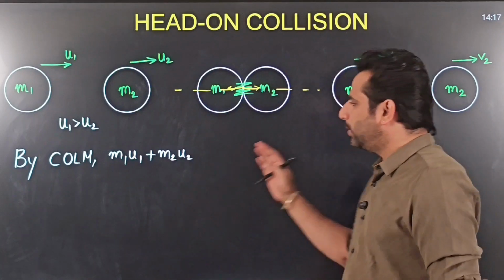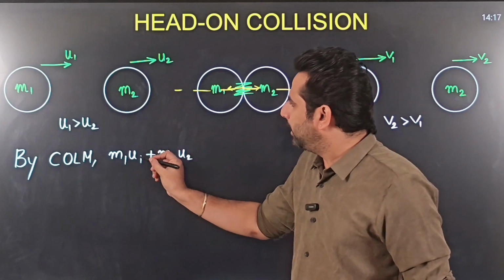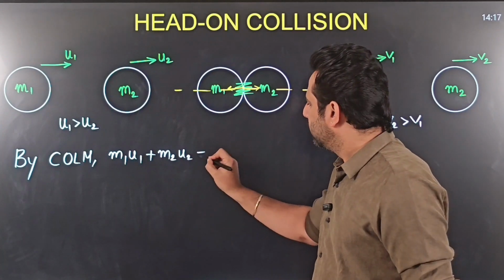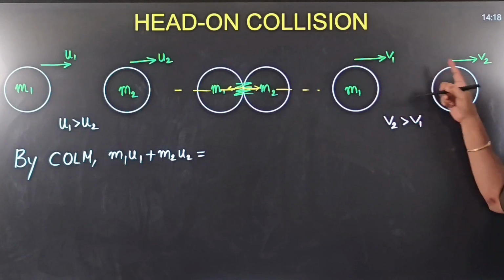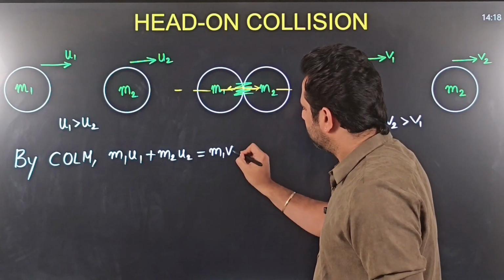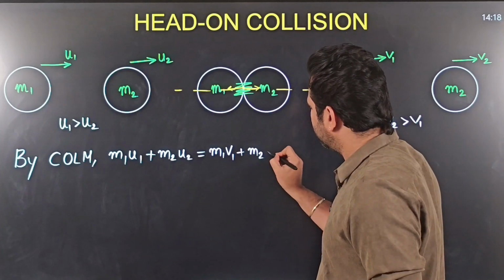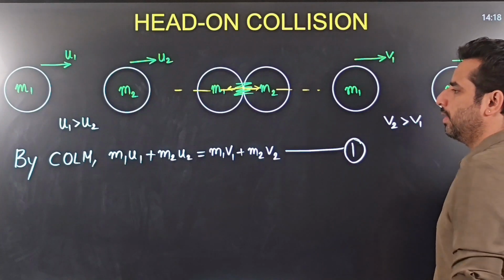We can simply take rightward as positive, leftward as negative. So initial momentum is m1 u1 plus m2 u2, that is equal to final linear momentum of the system, which is m1 v1 plus m2 v2. This is the first equation.